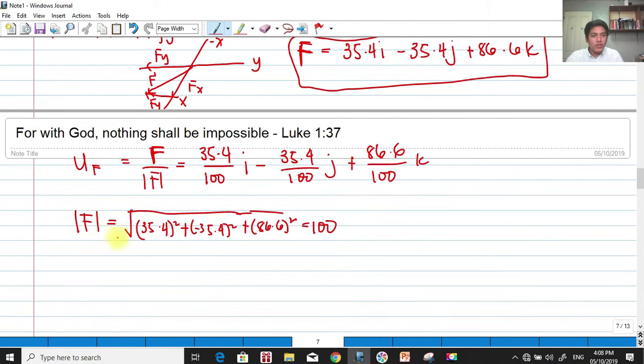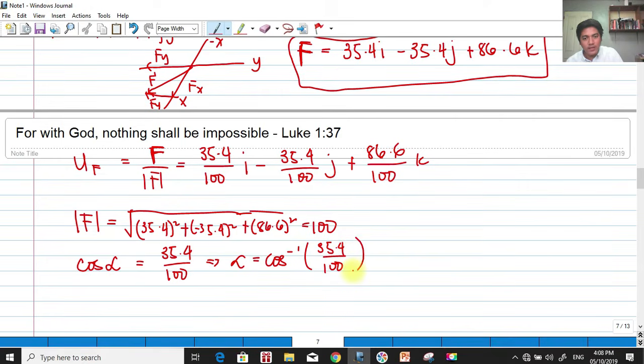And if we're going to get the direction cosines, cosine alpha is equal to 35.4 over 100, and alpha is arc cosine of 35.4 over 100. The result would be 69.3 degrees.